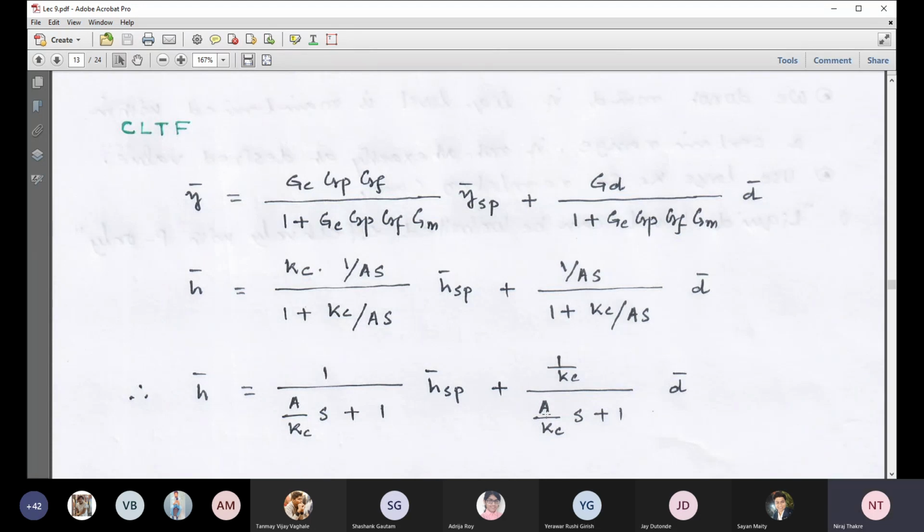If you got this, or if you agree with this equation, you go and find the offset for the servo problem. If you understood till this point, find the offset for the servo and regulatory problems separately.